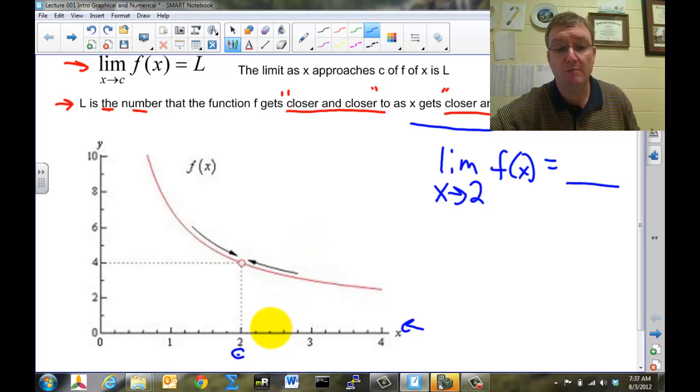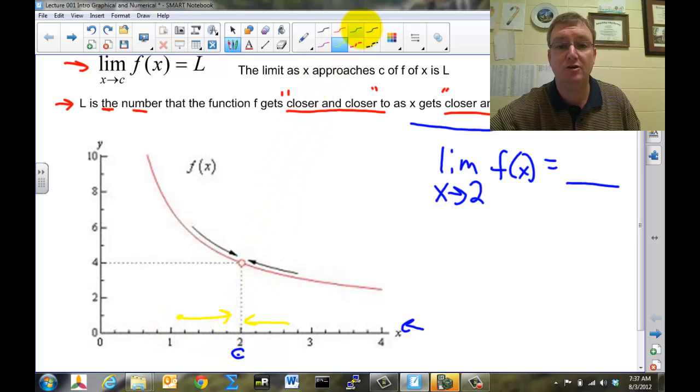So we're talking about an x number that is on the x-axis, it's down here somewhere, and it's moving towards c. It could be to the right of c and moving to the left. It could be to the left of c and moving to the right. So that's what we're talking about as x gets closer and closer to c. We're moving towards the number c from the left or from the right.